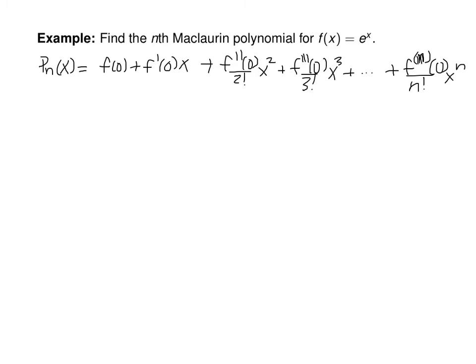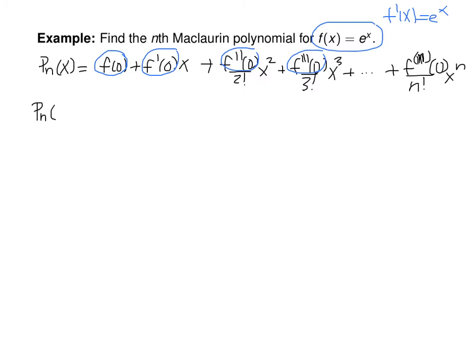Now, e to the x is a nice simple function. The derivative of e to the x is e to the x, so the second derivative of e to the x is e to the x, all the derivatives are e to the x. So that tells us that f prime of x is equal to e to the x, f double prime is equal to e to the x, and f of 0, f prime of 0, f double prime of 0, all of those values are equal to e to the 0, which is 1.